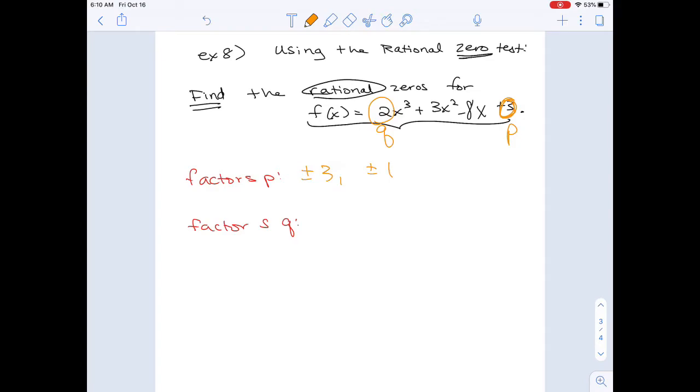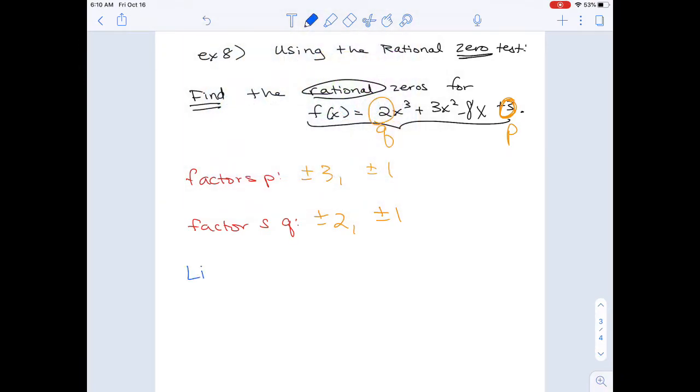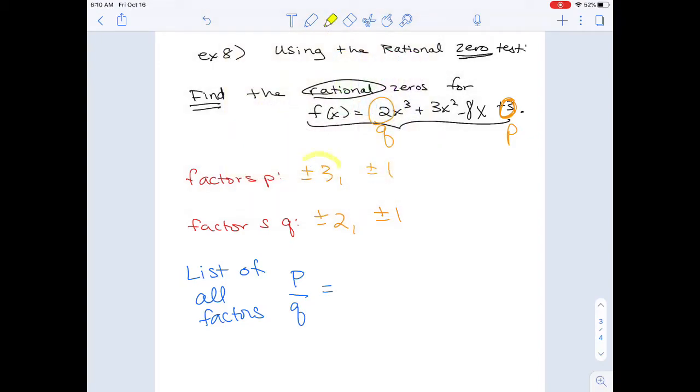The factors of q are plus or minus 2 and plus or minus 1. So to make my list of all factors, we put every value of p over every value of q. So the first one we're going to do is plus or minus 3 over plus or minus 2.